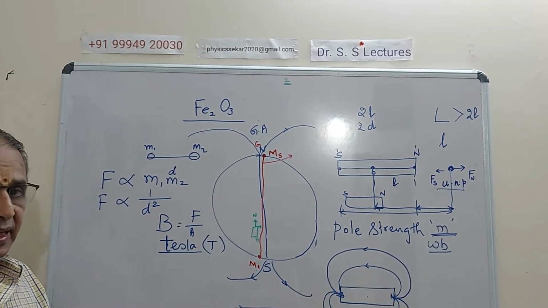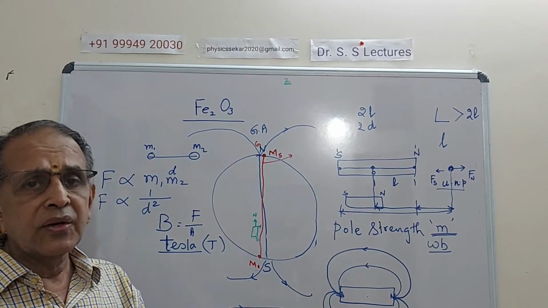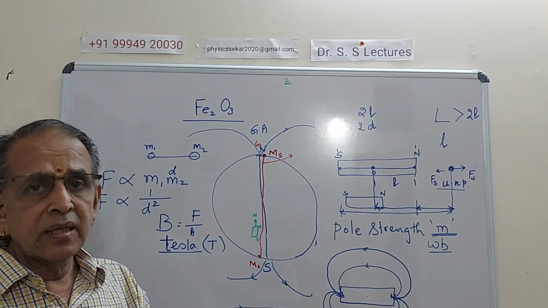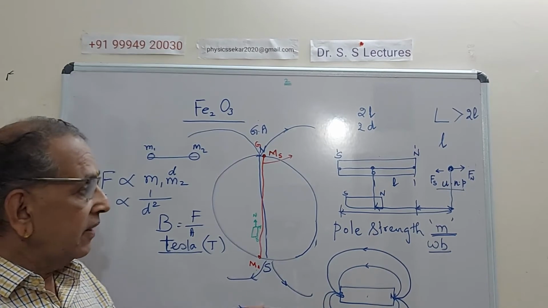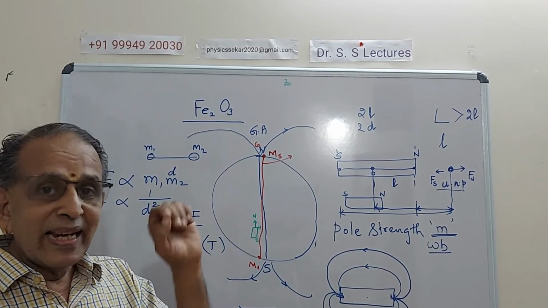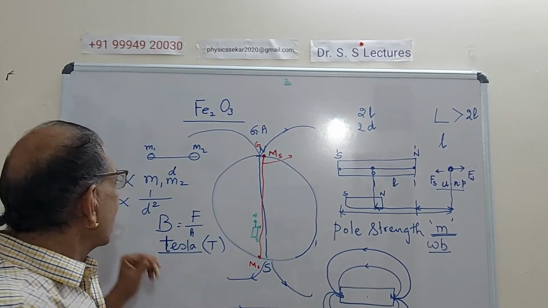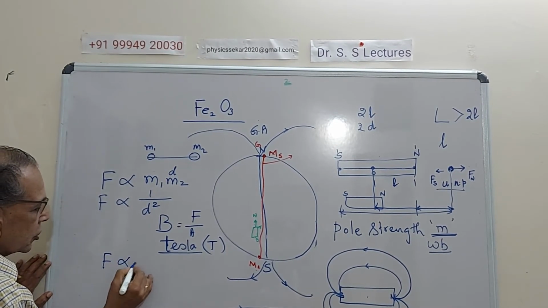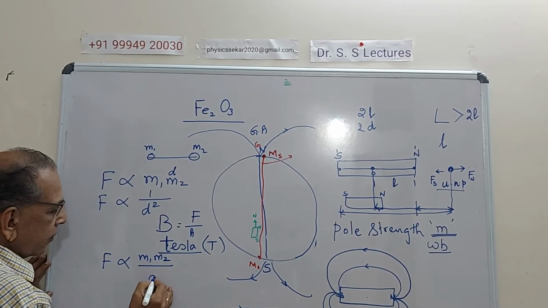In electricity too, we find Coulomb's law of attraction or repulsion between charges: like charges repel each other, unlike charges attract each other. We will later know that the origin of the electron as well as that of this magnet, by Weiss theory, will be the same. We find that F is proportional to m1 m2 divided by d square.